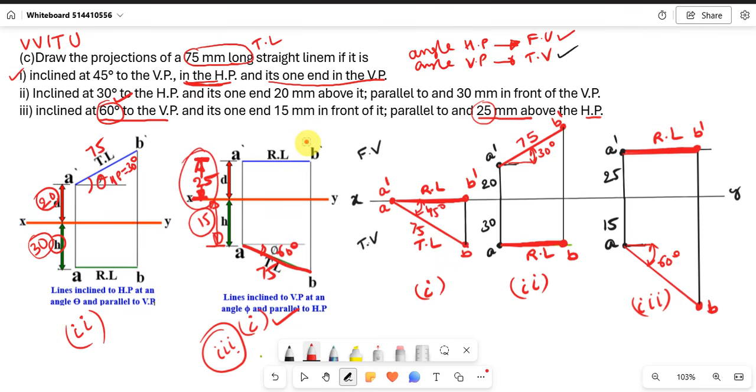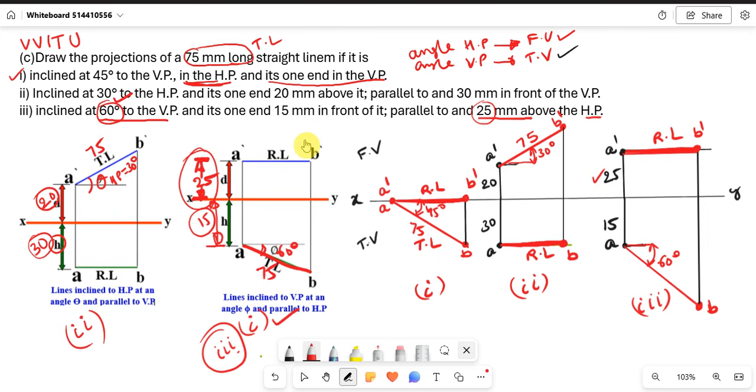Like this we have to mark dimensioning here itself. That procedure we have to follow. But for explanation purposes, I'm just writing the values only here. But we have to follow the method of dimensioning.